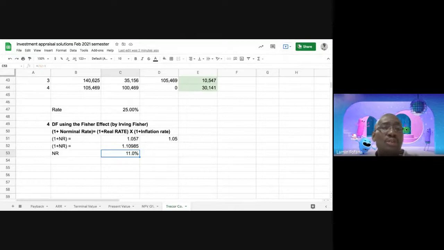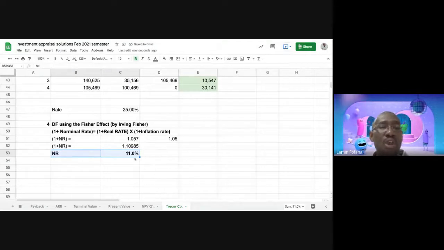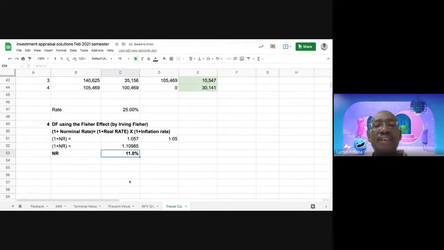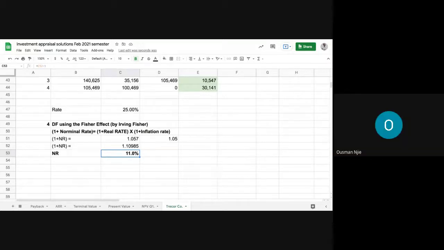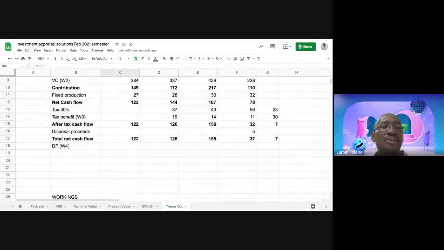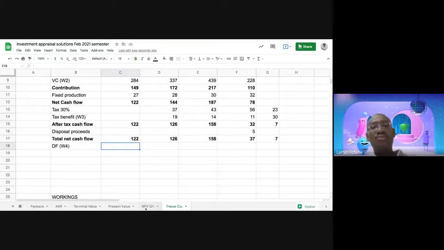Our nominal rate will always be our discount factor. So we all know how we arrive at our nominal rate, everybody? Okay, fine. So let's now go and calculate our discount factor.